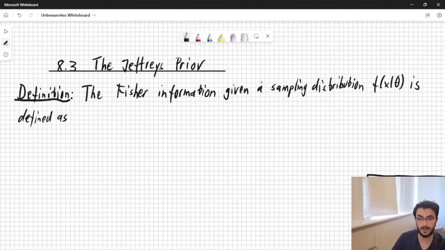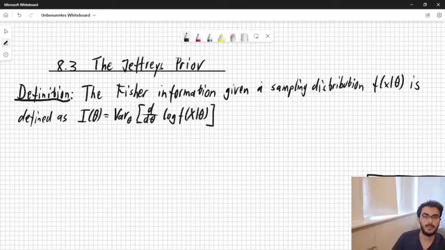It's a function with respect to theta. This is a frequentist measure, and it's used, for example, to derive the Cramer-Rao boundary and to derive the approximate distribution of the maximum likelihood estimator.